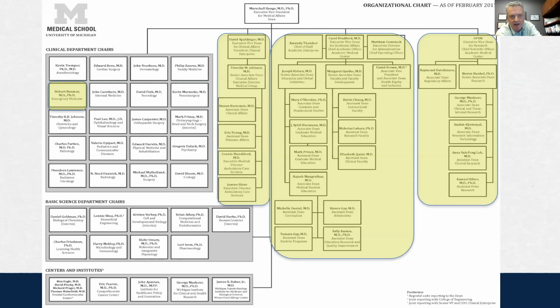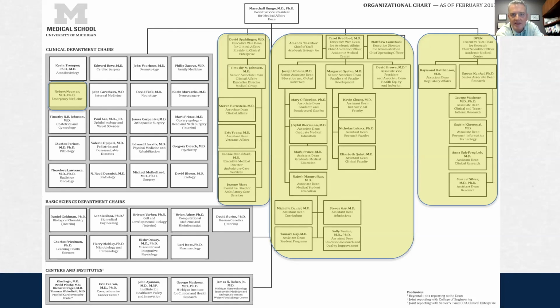Reporting to him in this middle section is our clinical operations. Under here we have our university hospital with cardiovascular center, which is basically our adult mission, and our children's and women's hospital. And then also the UMMG, which is our group practice, which includes ambulatory care.